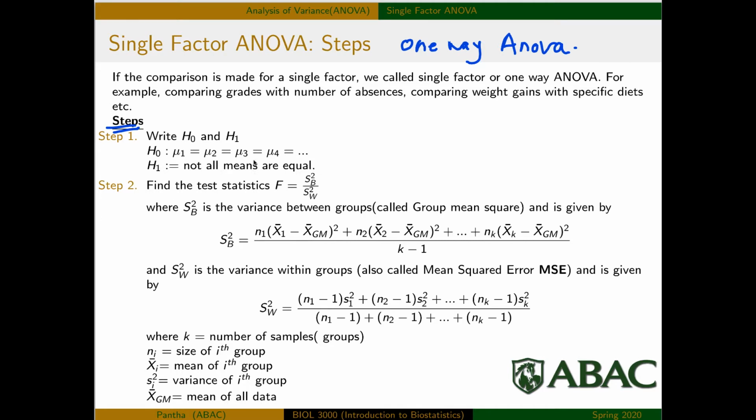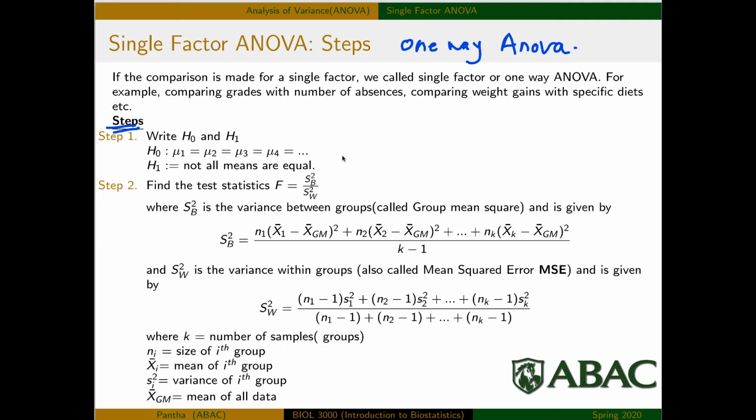What does that mean? It doesn't mean that mu1 is not equal to mu2, mu2 is not equal to mu3, mu3 is not equal to mu4. It doesn't mean that way. What it means is at least one of these means is different from the other means.